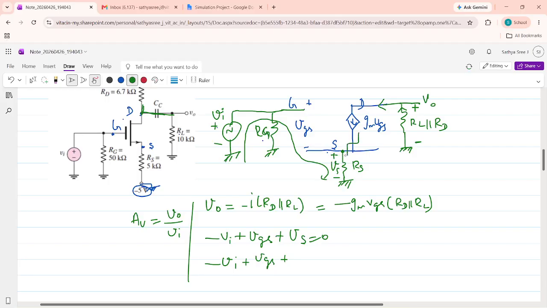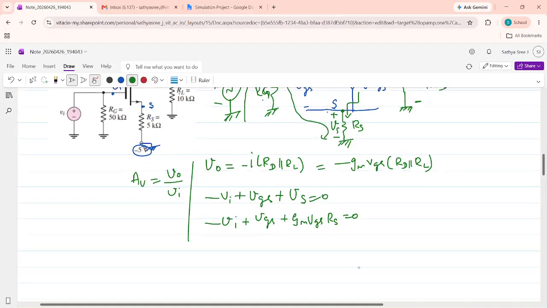The same amount of current will flow here because this side is an open circuit, where the current is 0. So the entire current gm VGS flows through the resistance Rs. So minus Vi plus VGS plus gm VGS times Rs equal to 0. From this, Vi equals VGS multiplied by 1 plus gm Rs.